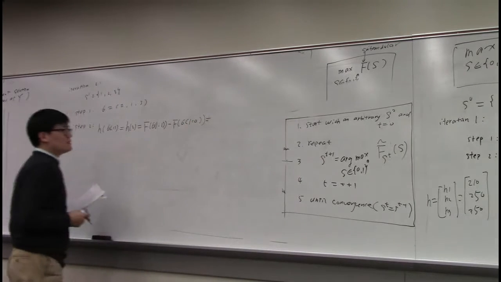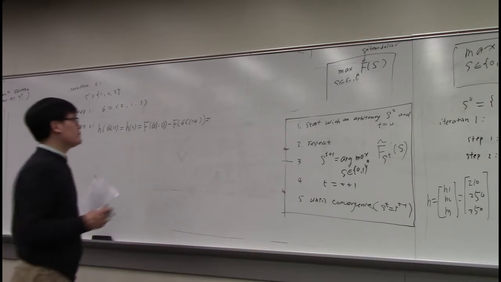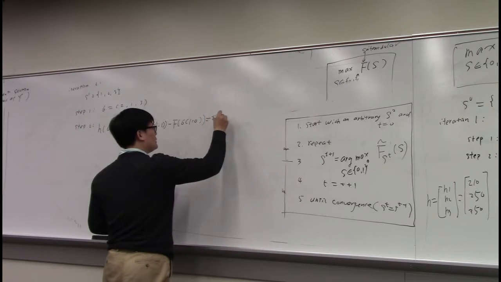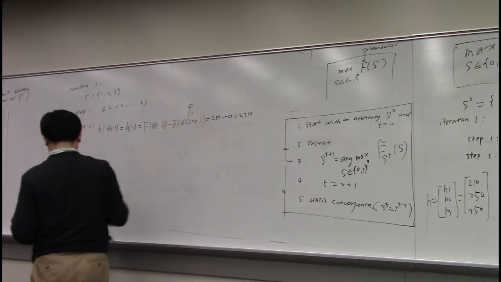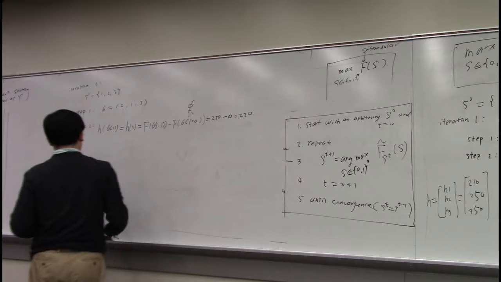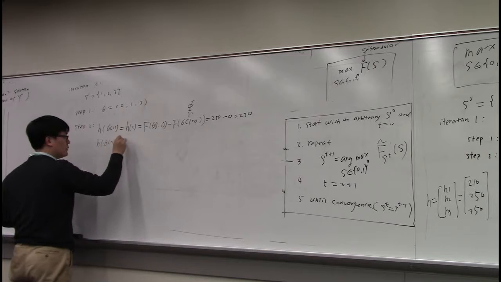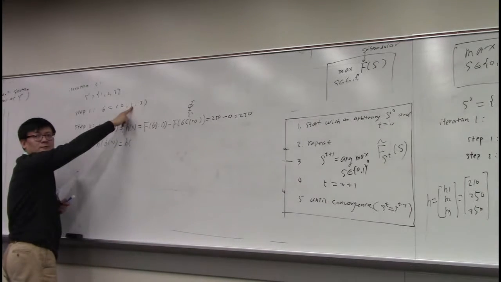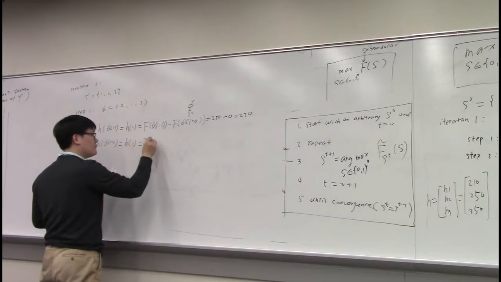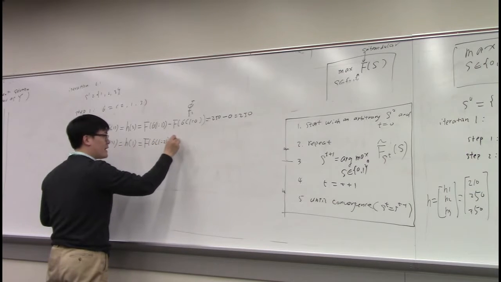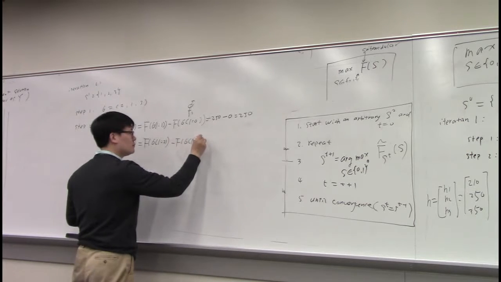So sigma 1, 1 is New York, right? 250 minus 0, because this is the empty set. And then H sigma 2. So sigma 2 is 1, right? You follow? And then F sigma 1 to 2 minus F sigma 1 to 2 minus 1, right? Which is 1.